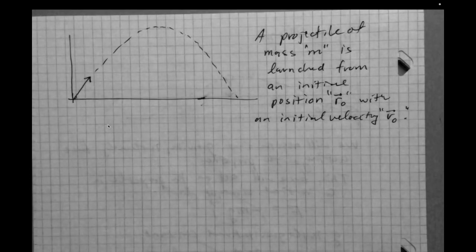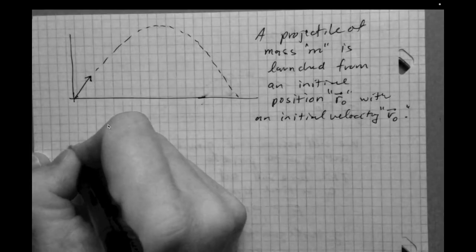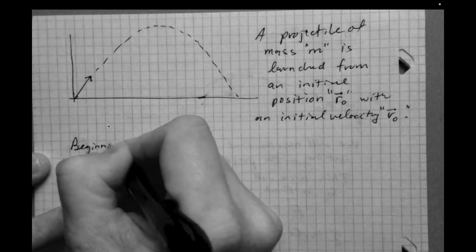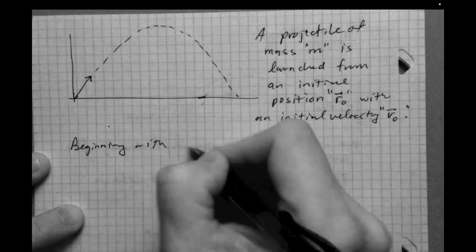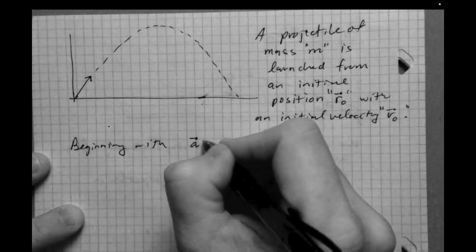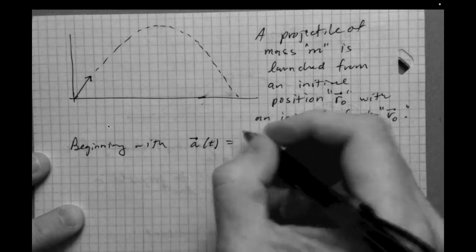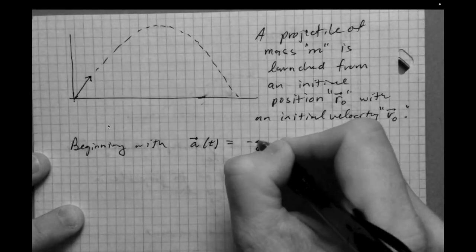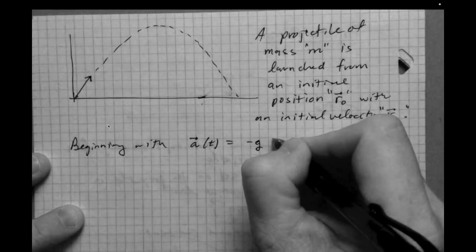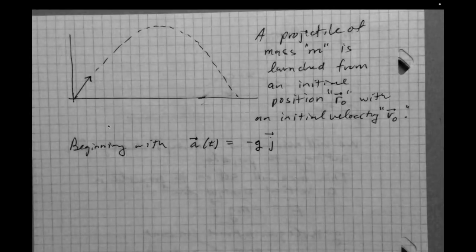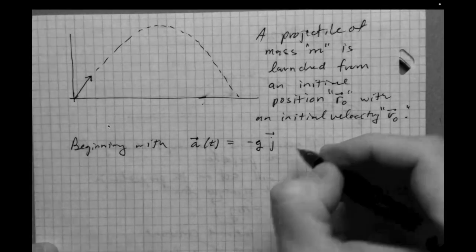Okay, so we're going to begin with the acceleration that we just derived. Acceleration as a function of time is equal to this constant, negative g times the j vector. We're going to integrate.